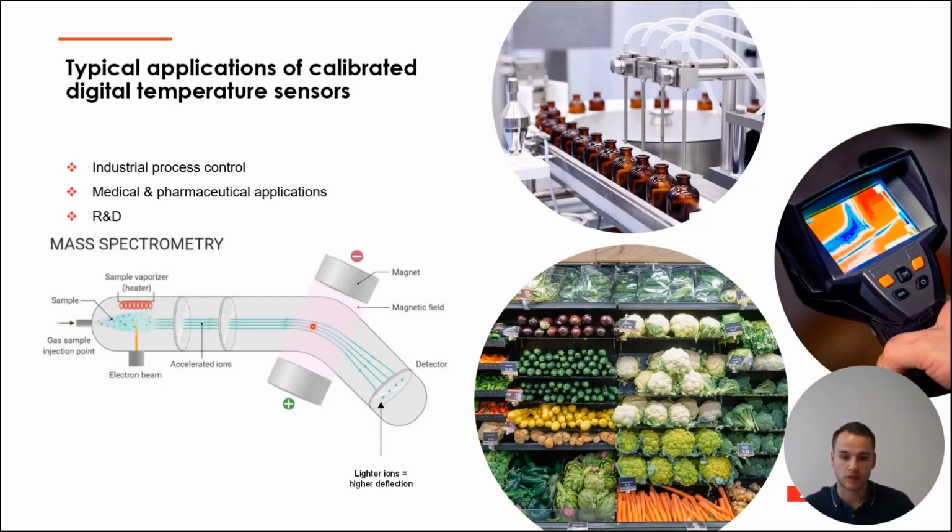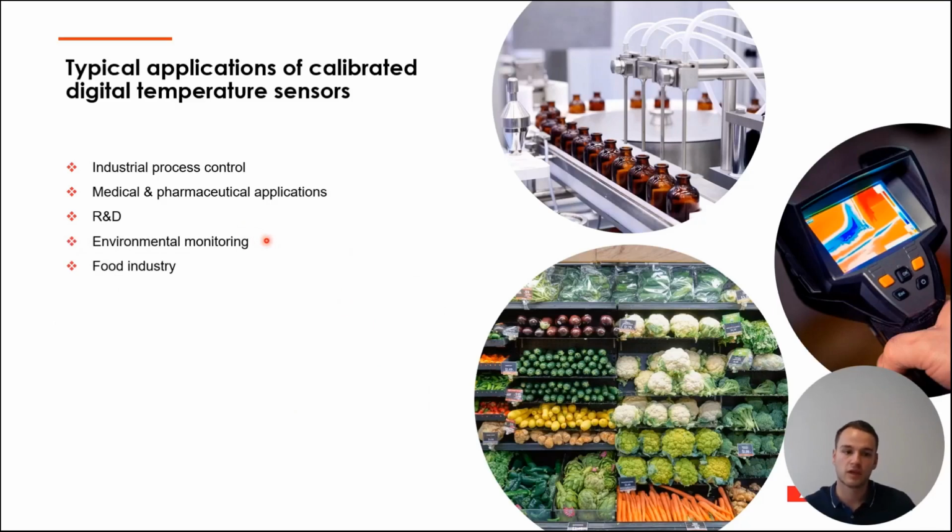The mass is deflected by a magnet, and the heavier the mass, the higher up it's deflected, and the composition can be determined from the resulting pattern. In this application you need really high accuracy, and that's why most manufacturers of mass spectrometers use our sensors, because we have a really high accuracy.